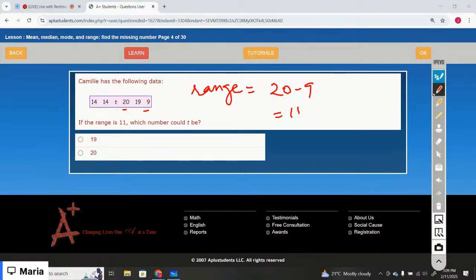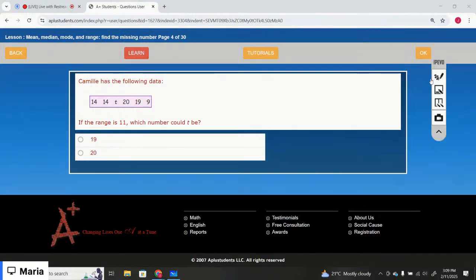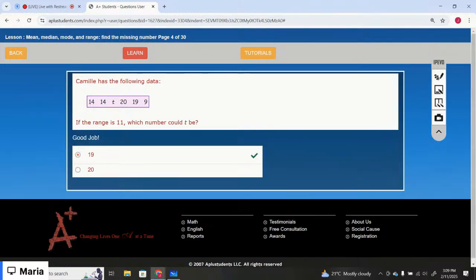The greatest number is 20 and the smallest number is 9. Now what could be T? T could be any number, either 19 or 20, because the range is the difference between the greatest and smallest number. So the correct option is 19.